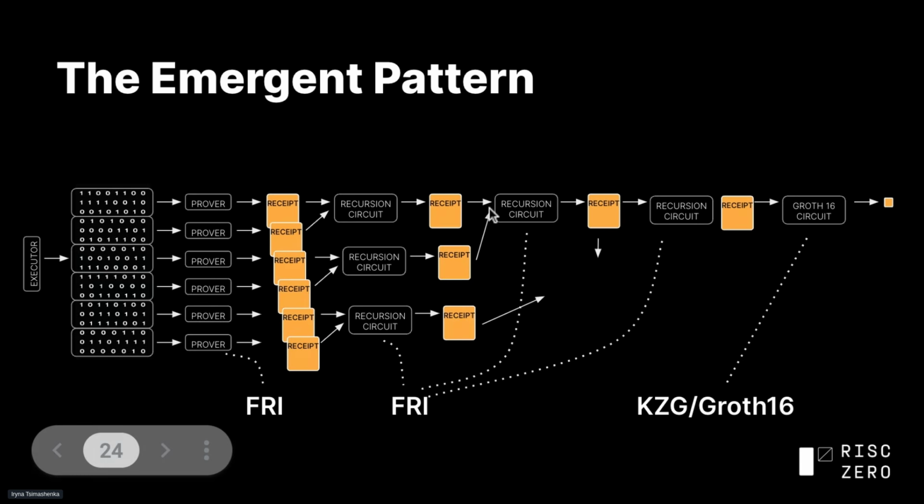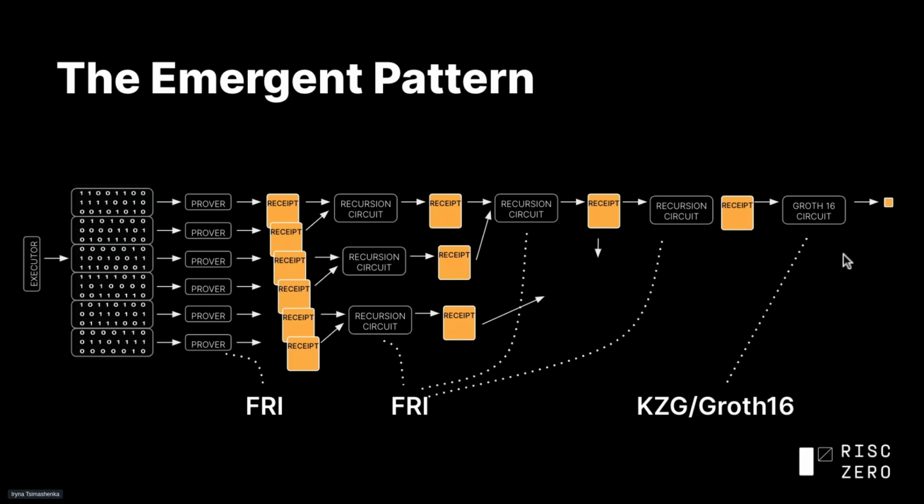Every recursion circuit takes 250 kilobyte Stark receipts. Since it takes 2 receipts, it takes half a megabyte, and then produces a single 250 kilobyte receipt.